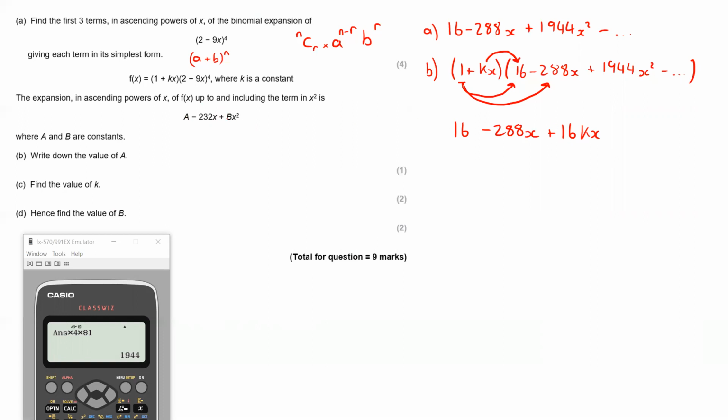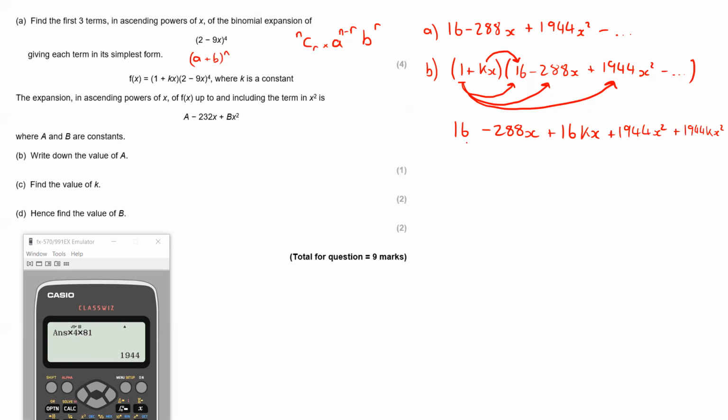And then lastly, I've got the x squareds. So to get the x squareds from this, again, it'll be 1 times by my x squared term. And then I've got this kx times by that same term. Oh, sorry.